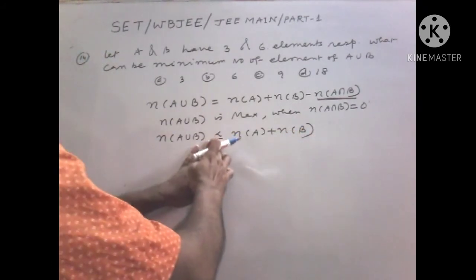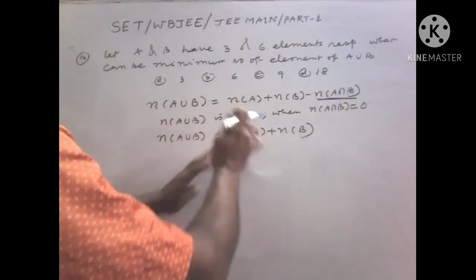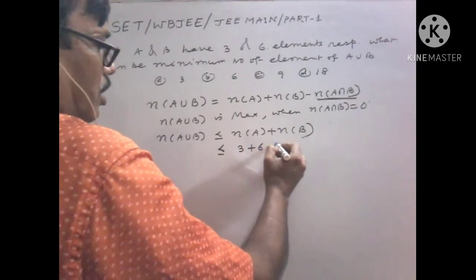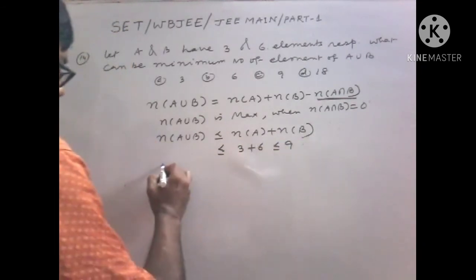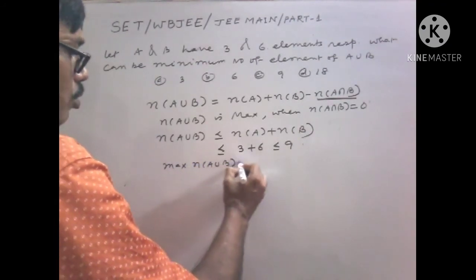If it is not 0, then it is less than this. So this equals 3 plus 6, which is 9. So the maximum n(A union B) equals 9.